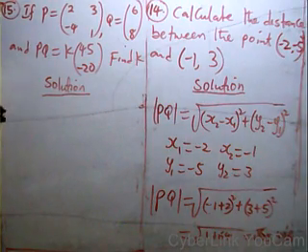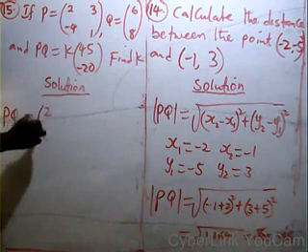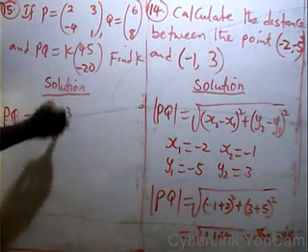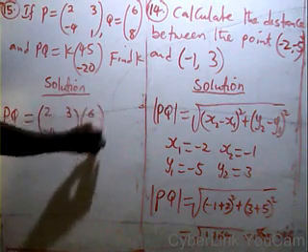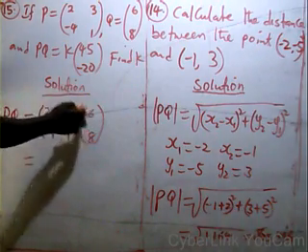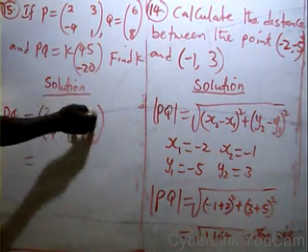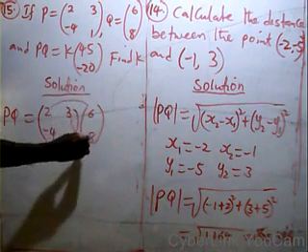So PQ is what? This, that is 2, minus 4, 3 and 1. What is our Q? Our Q is 6 and 8. If you multiply this, you are going to have this times this, plus this times this, and this times this, plus this times this.